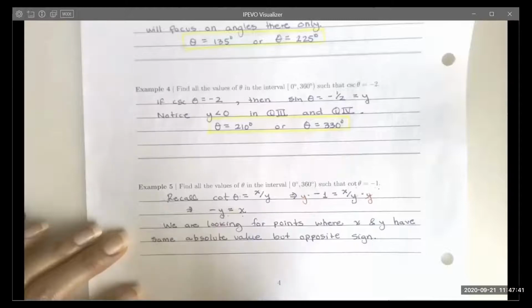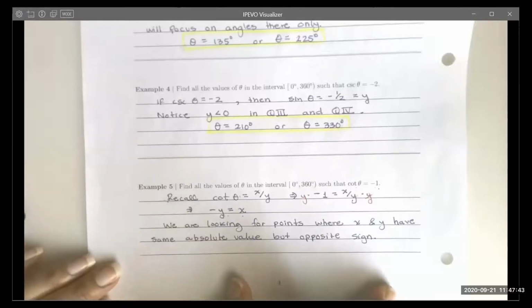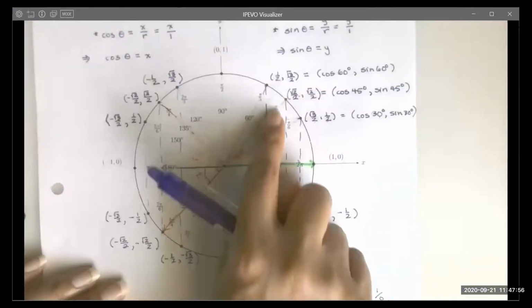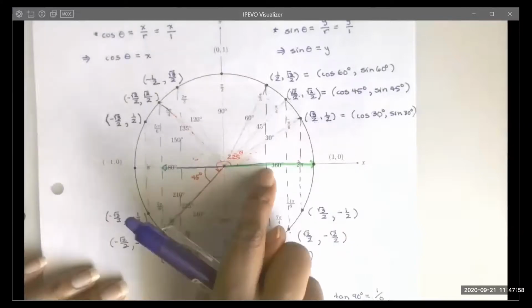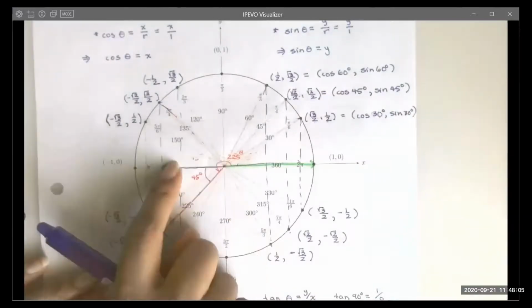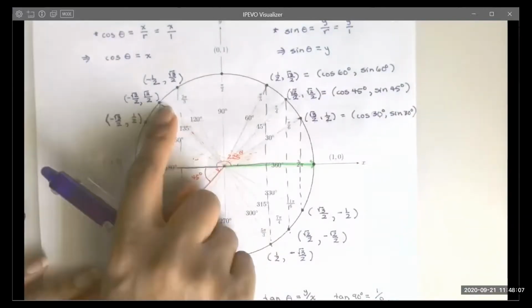Now, what quadrants have opposite signs for x and y? Well, let's take a look. Go to the unit circle. If I look at quadrant 1, I have positive x and positive y. So this one gets disqualified. If I go to the second quadrant, I have -x, positive y.